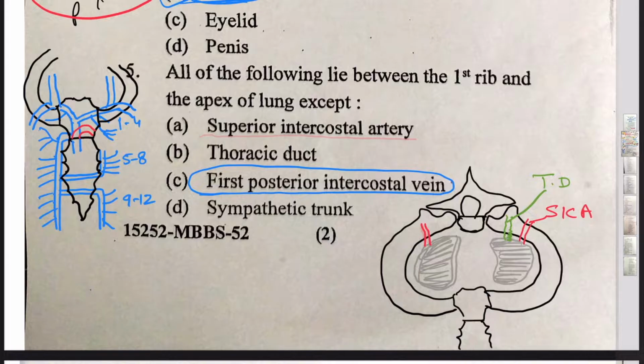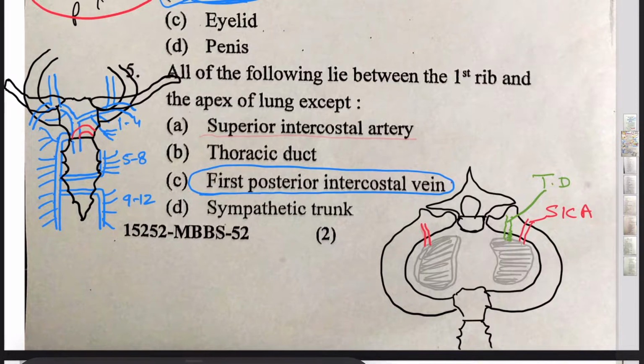Or you can say even the junction, the brachiocephalic, might be seen just behind the sternoclavicular joint, because above you have the clavicle placed like this, right? So just behind the sternoclavicular joint, you find the junction of the two veins to form a brachiocephalic vein. So remember that the first posterior intercostal vein is not seen between the apex of the lung and the first rib, because it's a content of the superior mediastinum.